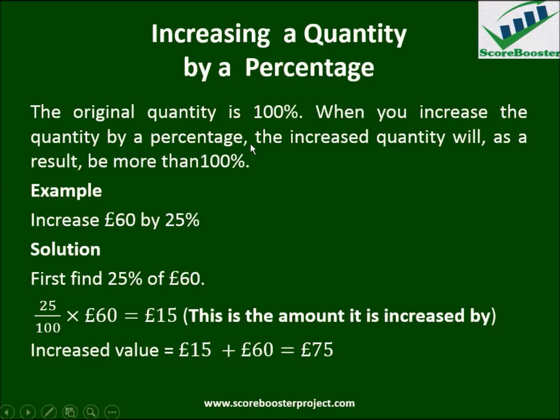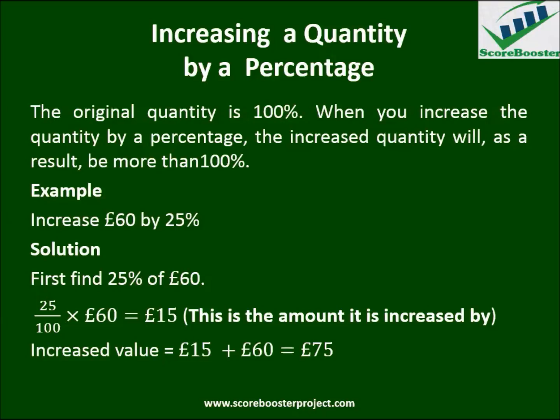An original quantity is 100%. So when you have an orange, that represents 100% of the orange. When you cut a part off from the orange, what you have will be less than 100% of an orange.